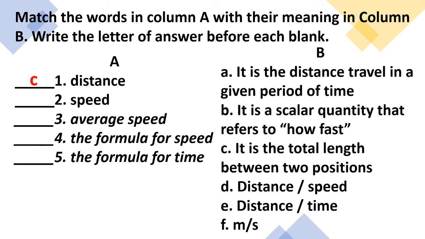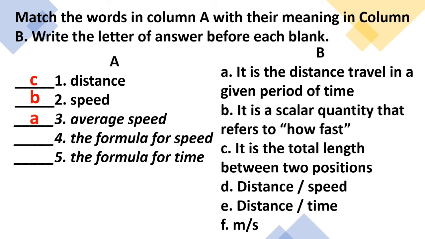So the answer to number 1 is letter C. It is the total length between two positions. Okay, how about number 2? Can you give me the answer in number 2? Very good. It is letter B. It is a scalar quantity that refers to how fast. How about number 3?